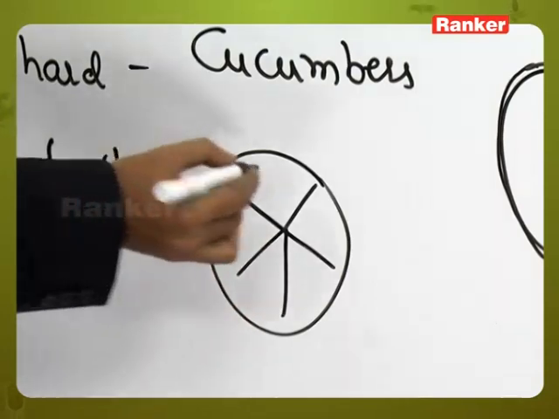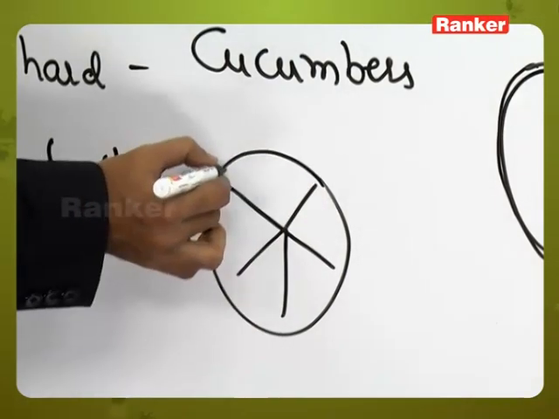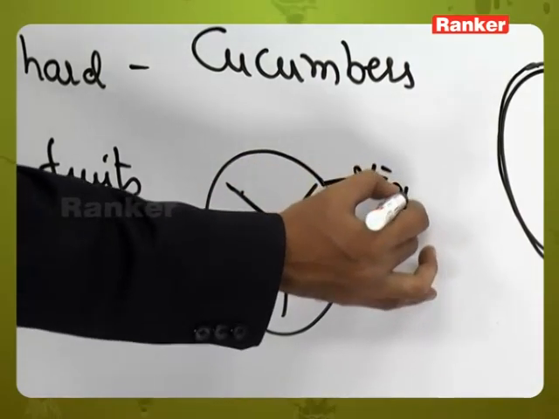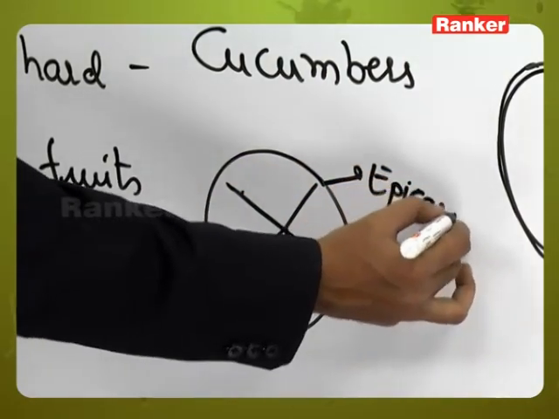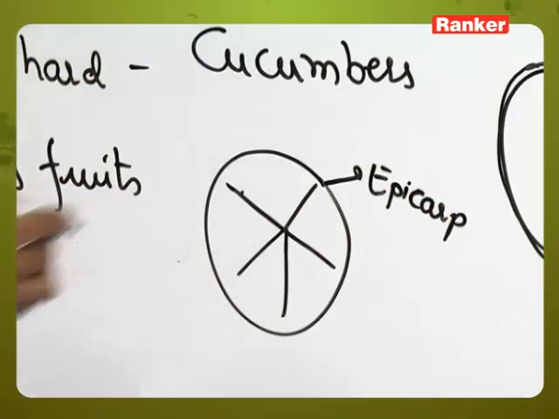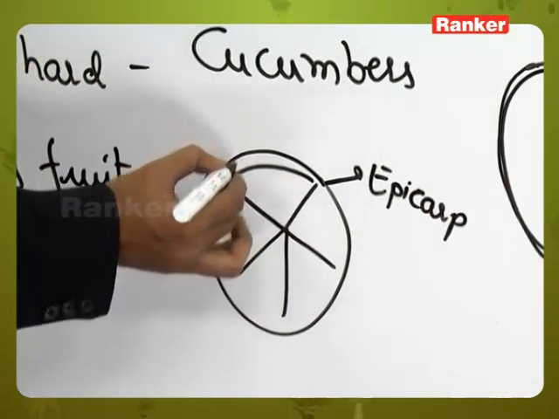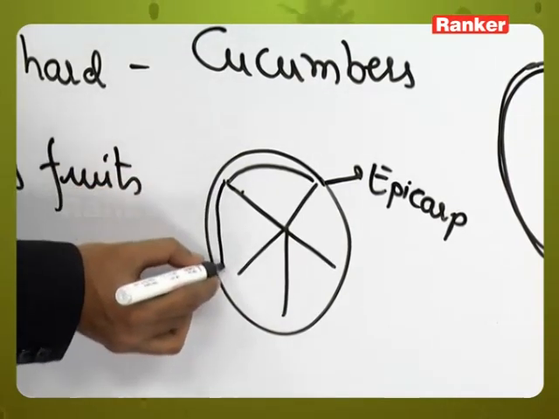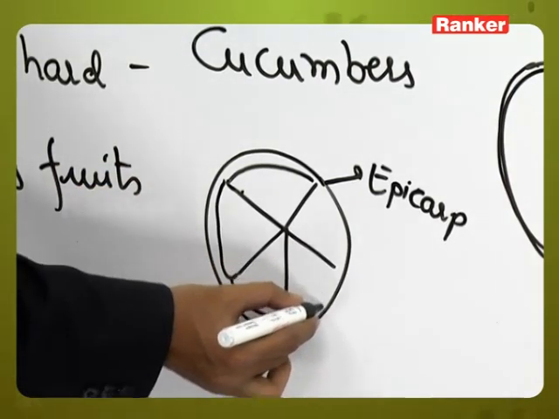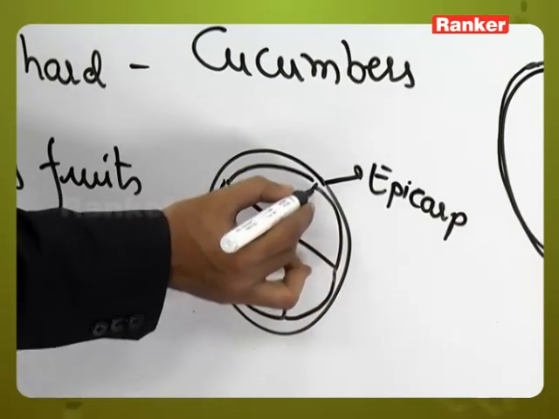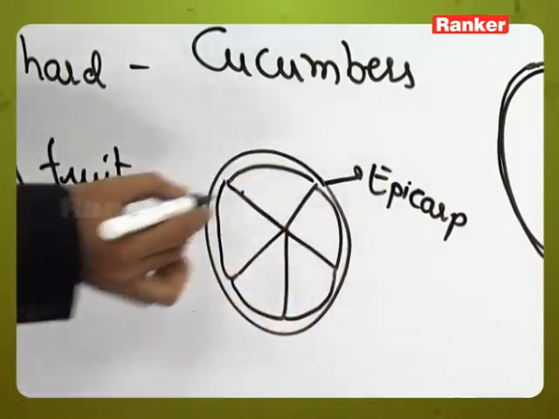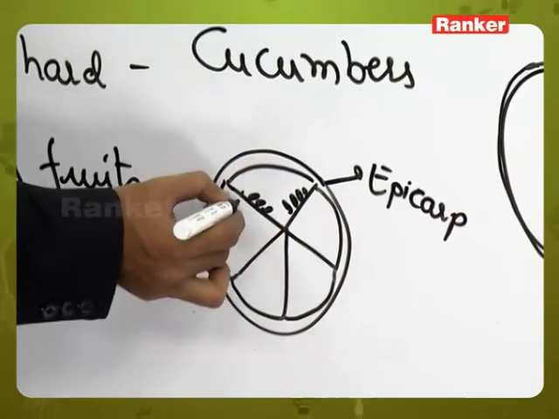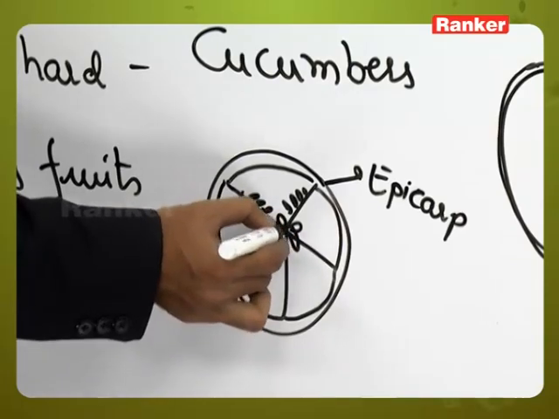These are the walls: epicarp, mesocarp and endocarp. The epicarp is leathery, smooth and oily, and the middle mesocarp is white and cotton-like. The inner endocarp forms the walls, and here a number of juicy hairs are present, where the seeds are arranged.